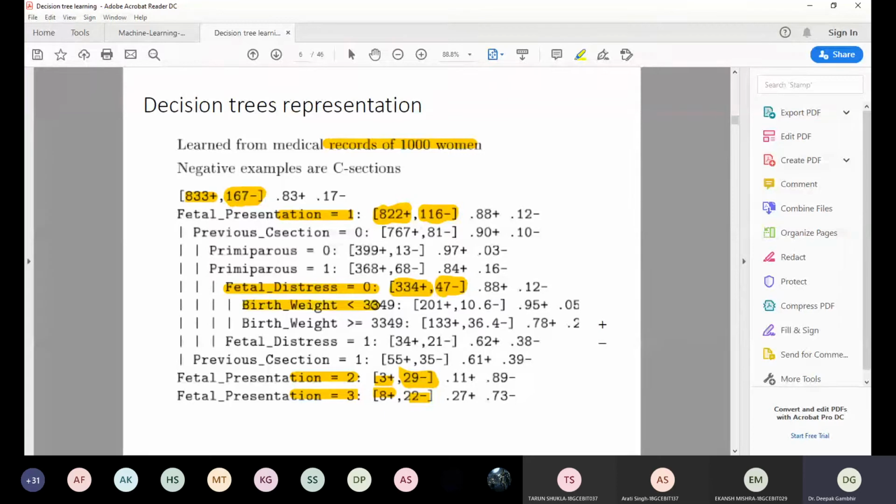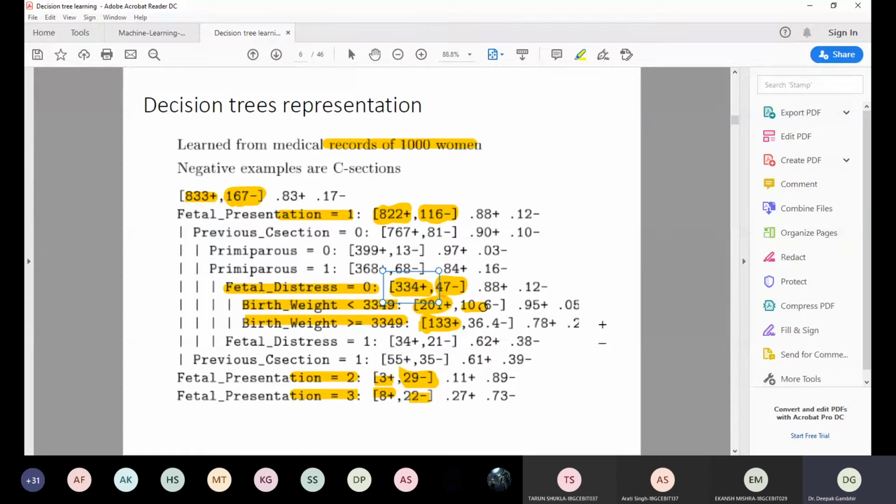The next attribute is birth weight less than 3,349 and birth weight greater than or equal to 3,349. For the less than birth weight, it is 201 positive examples, and for the more than 3,349, it is 133 positive examples. So if you add them up, 201 and 133 would result in 334.